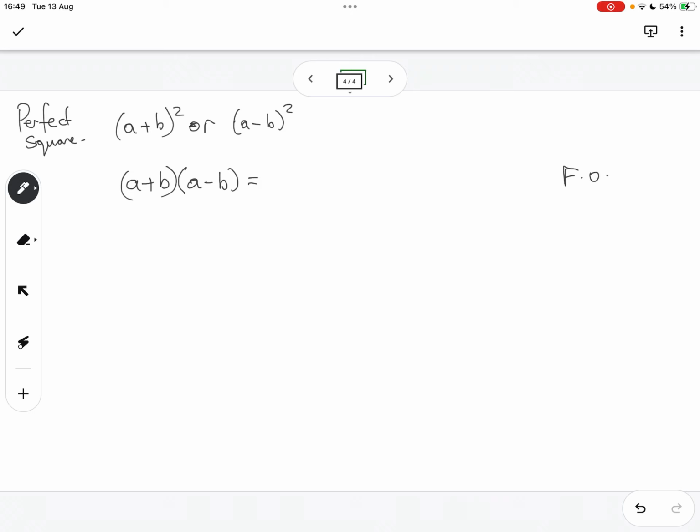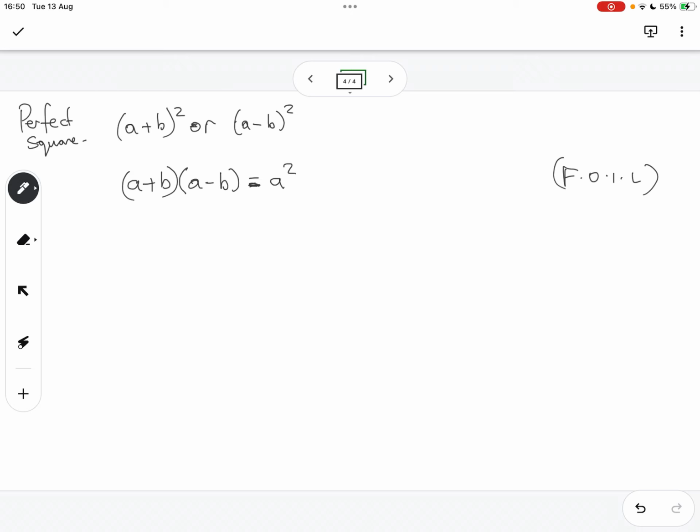A. Remember, we will be applying the FOIL, okay? Alright, cool. So what do I write first? A times A. Okay, and how much is that? A squared. A squared, good. And then what do I do next? A times B. Is it positive or negative?